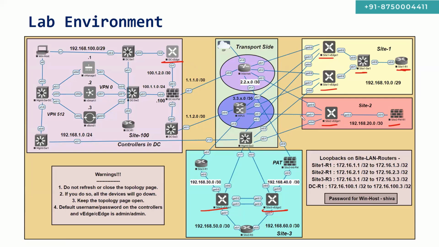Managed routers are those routers which are connected to the transport, connected to the service providers, whether that is an internet provider or the MPLS provider. In SD-WAN, you have a controller called vManage. From vManage, you will be managing only managed routers. So if you want to manage your managed routers using software, then use SD-WAN.